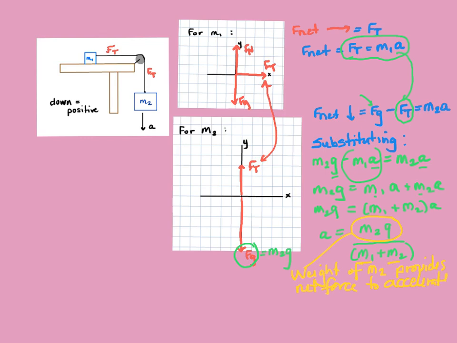Well, to accelerate both M1 and M2, that total mass. So on this pulley, this mass provides all of the net force needed to accelerate both this mass and this mass. And that's a modified Atwood machine, and you'll see that in some problems.